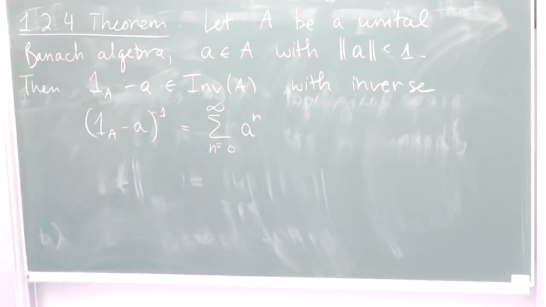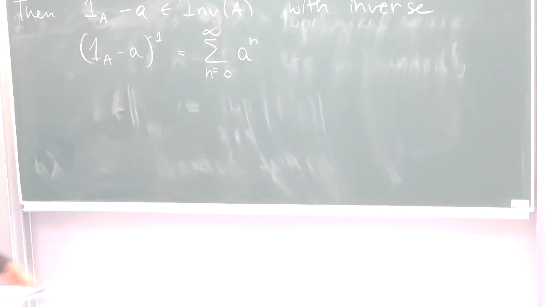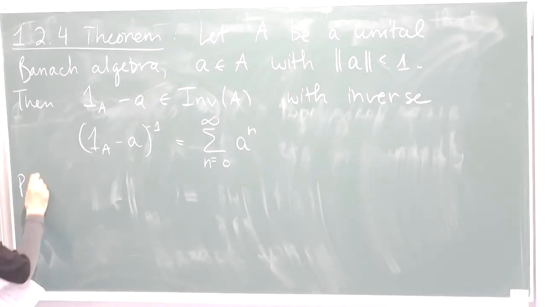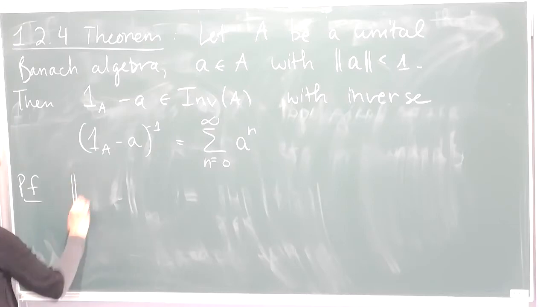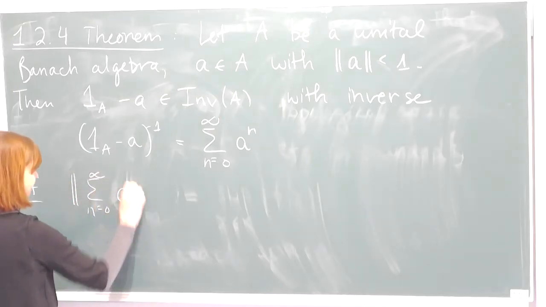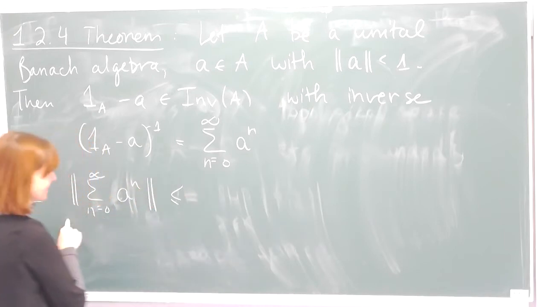Okay, so obviously such a thing doesn't make sense in an arbitrary algebra, but it does in a Banach algebra. And why is that? Well, if we look at the norm, then of course by the triangle inequality, we can bring the sum out.